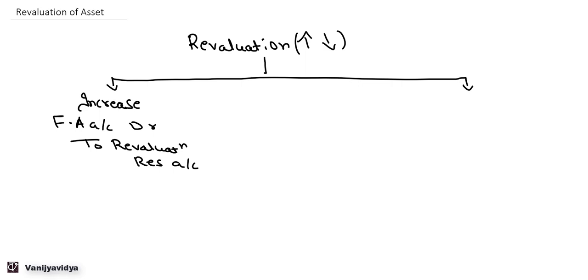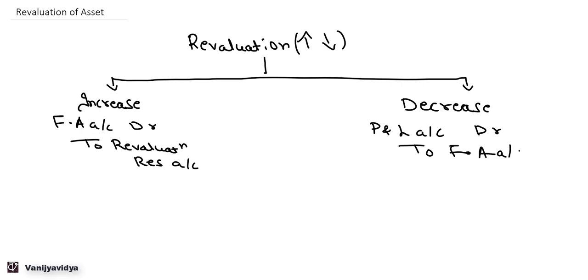Then say suppose there is a decrease in the value of the asset because of the revaluation, that will be transferred to your profit and loss account directly as a loss on revaluation of the asset. So the entry will be profit and loss account debit to fixed asset account.